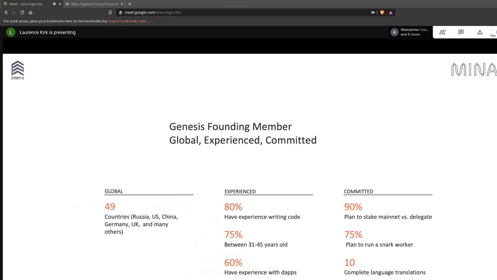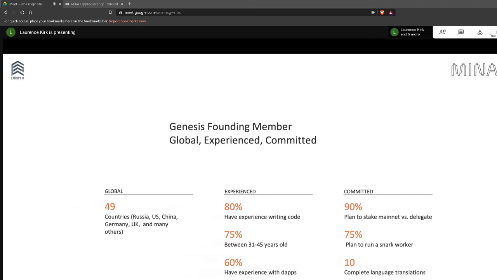They also have the Genesis program, and I'm really proud to say that we're involved in this. This is the program that is getting together the founding members for the launch of the mainnet. They're looking for about 1,000 people to be involved, and they want this to be very distributed around the globe. They really welcome people from as many countries as possible.